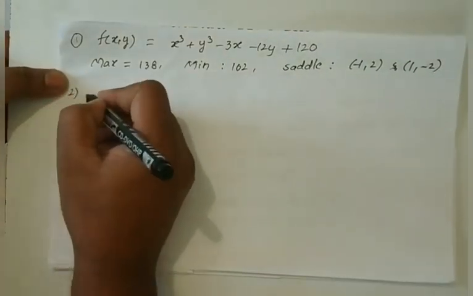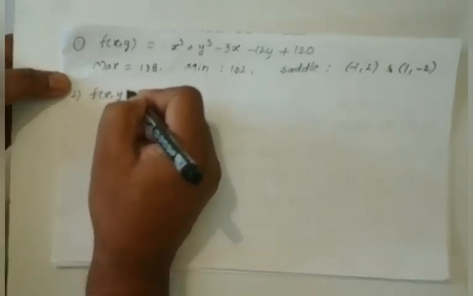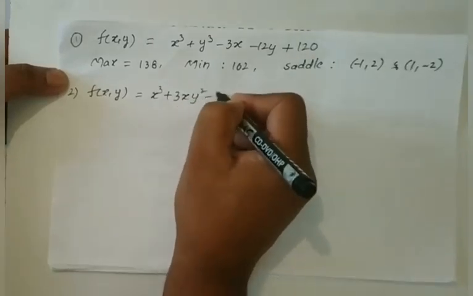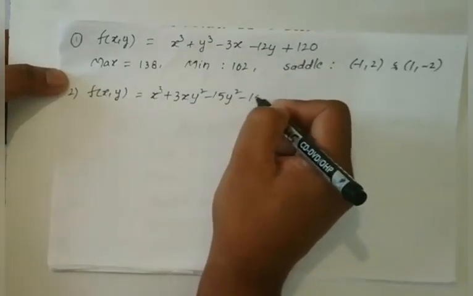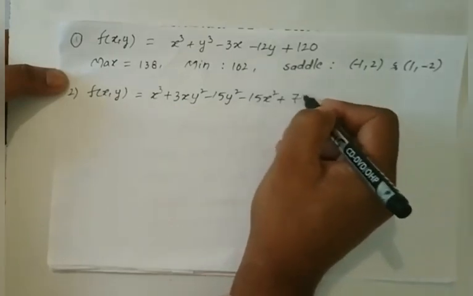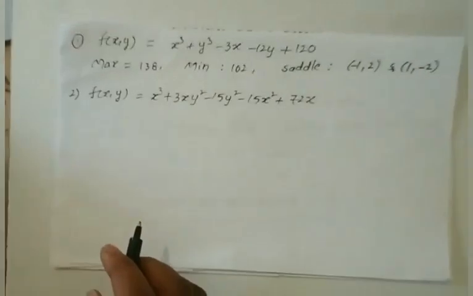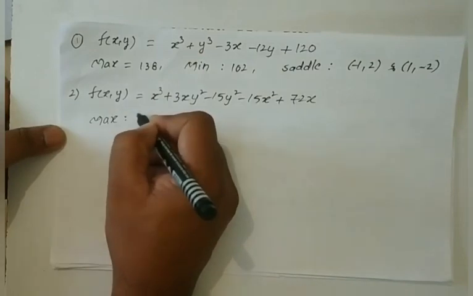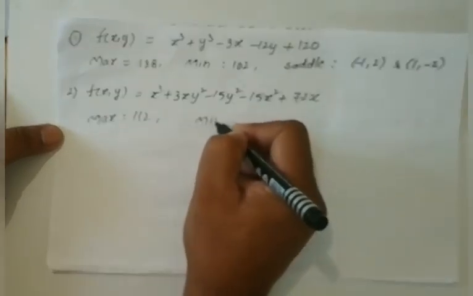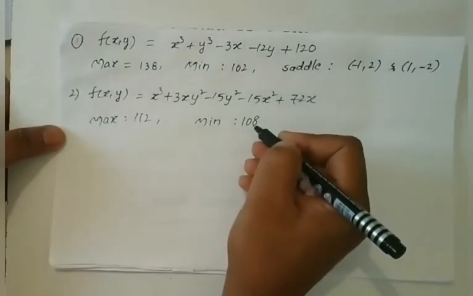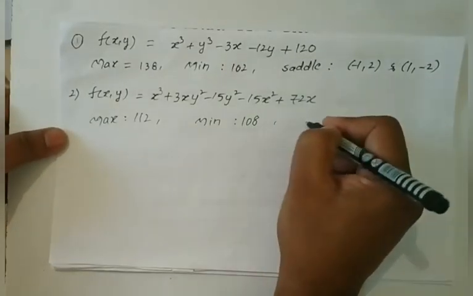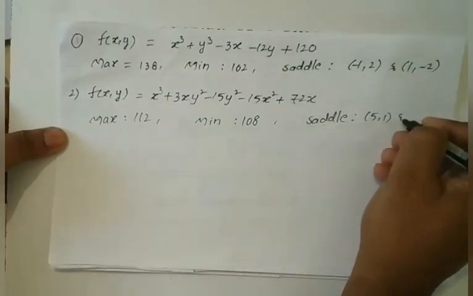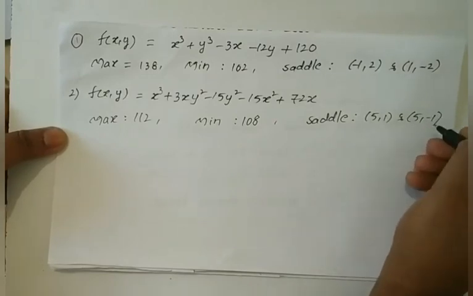Second one, f of x, y is equal to x cube plus 3xy square minus 15y square minus 15x square plus 72x. Maximum 112, minimum 108, saddle points 5 comma 1 and 5 comma minus 1.